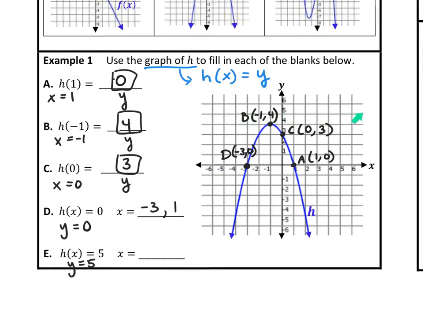But I see a problem here. If I scan to the left and the right, does the graph exist up here? It does not, right? So at this y value, go ahead and circle it. At y equals 5, the graph doesn't exist.